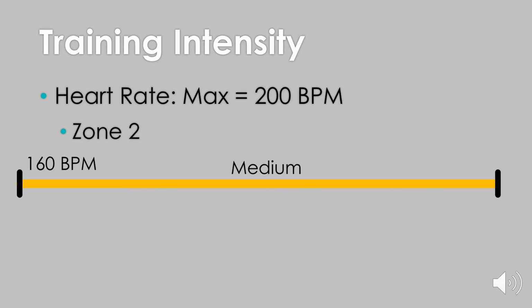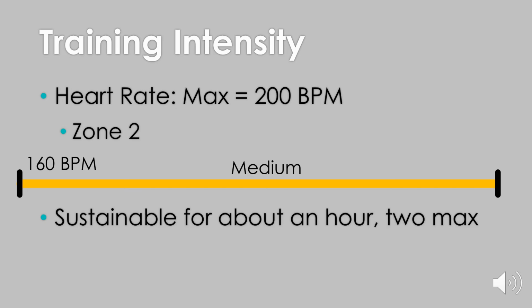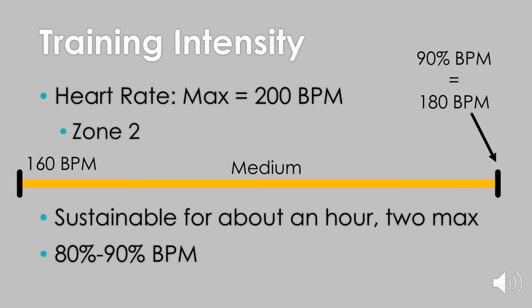Zone 2 starts where zone 1 left off, at 80% or 160 BPM on my scale. It is sustainable for up to 2 hours if you are in the lower range of zone 2, and it goes from 80 to 90% of your maximum heart rate, meaning 160 to 180 beats per minute on my scale.